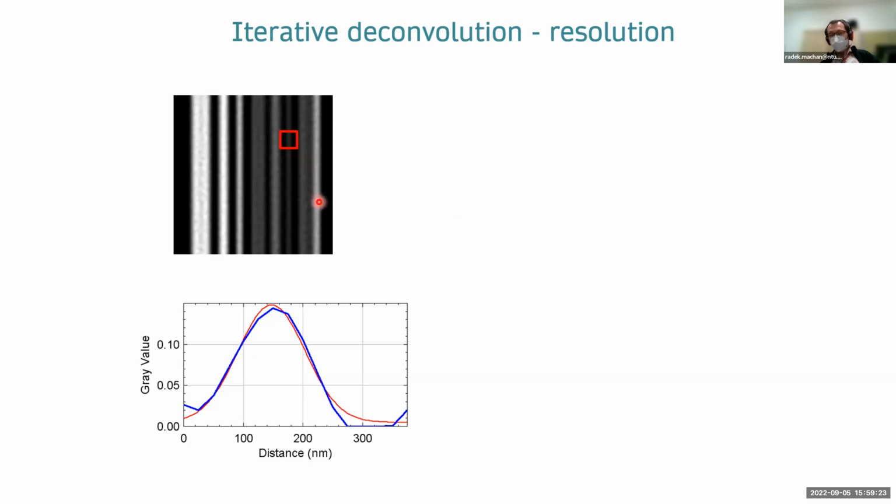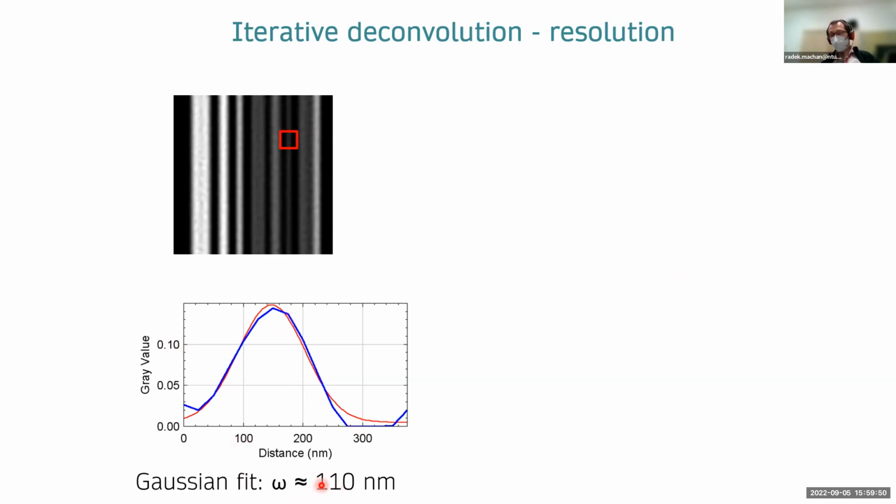procedure. So we take the result of the iterative deconvolution, for example, and if you don't have any ground truth, then one way you might be tempted to measure the resolution would be to take some narrow structure, like for example this line, and measure the width of that line.